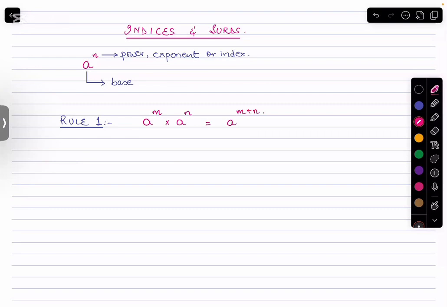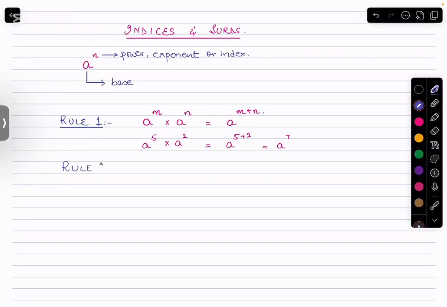The bases were the same, a and a, therefore the two powers we can add together. For example, a to the power 5 into a to the power 2 is a to the power 5 plus 2, and the answer is a to the power 7. Any problem?